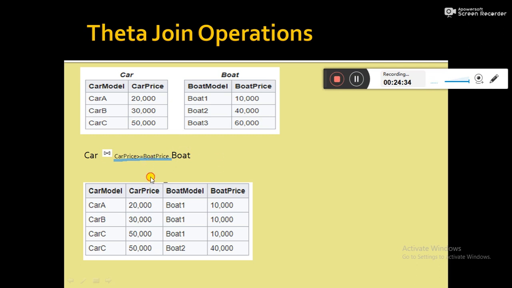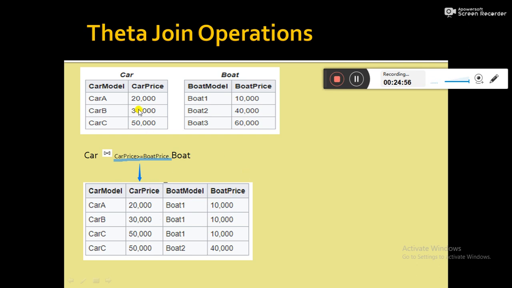First of all, the schema of the resultant relation will combine all the attributes from both relations: car model and car price from car, and boat model and boat price from boat. So this is the schema.